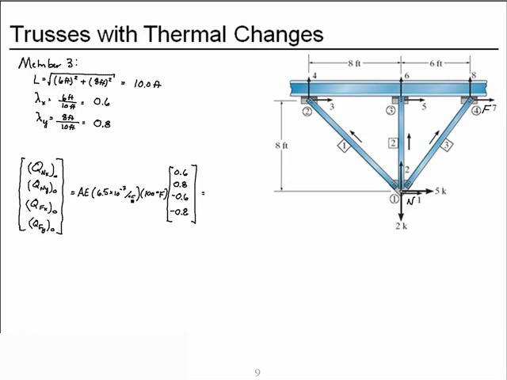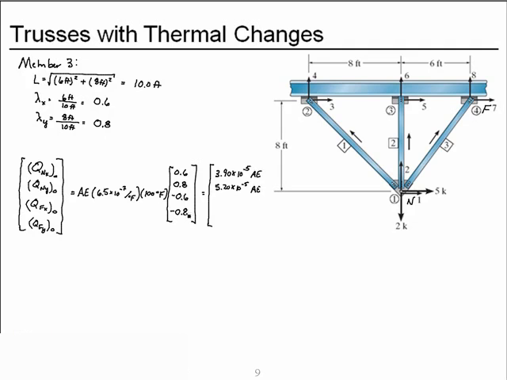We multiply these together times the lambda x. We get 3.90 times 10 to the minus 5 AE. These two times lambda y, 5.20 times 10 to the minus 5 AE.